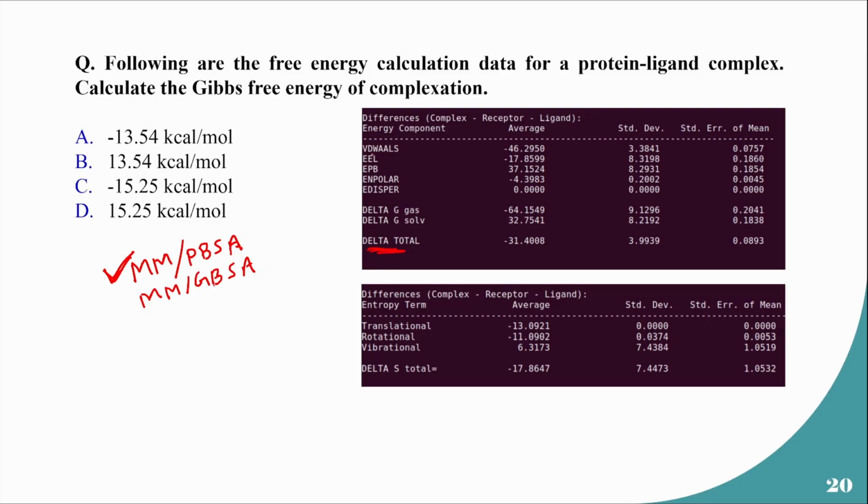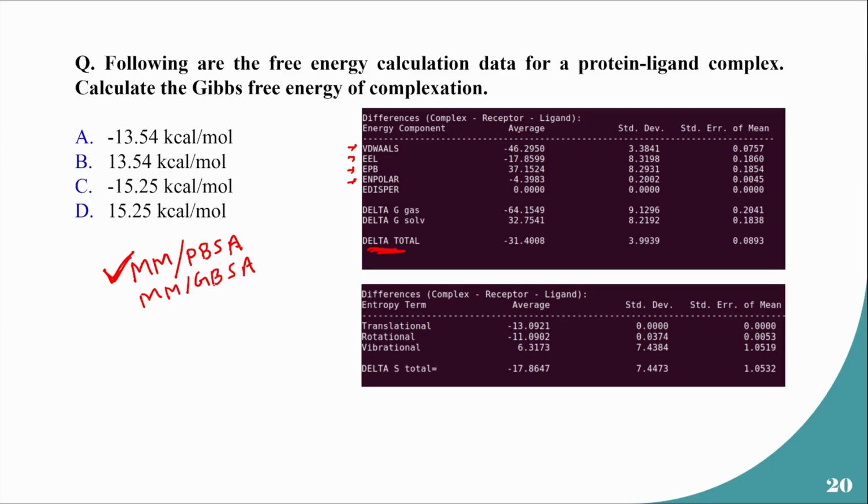If you look at the individual components here, you will notice that this delta is formed by individual parts. So can somebody mention what sort of interaction related energy terms are being mentioned here?